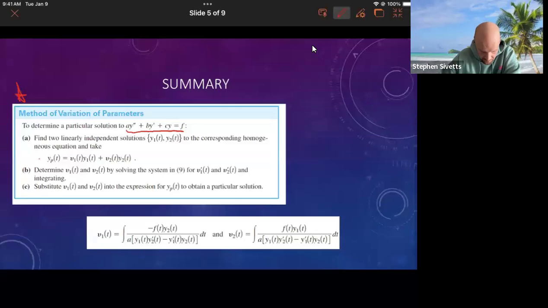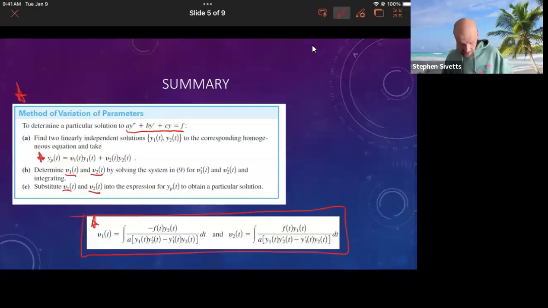These would be the solutions for the homogeneous equation, and then your work is to determine your functions v1 of t and v2 of t, or the C1 of t and C2 of t quantities that I just wrote out. So this is the formula on how to compute those functions in detail.